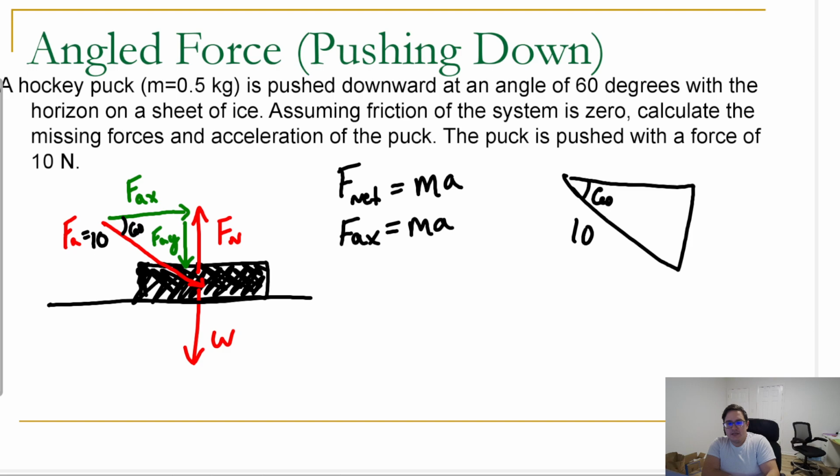I know this is 10. We're looking for force applied in the x direction. That's going to be cosine. So we've got cosine of 60 equals force applied in the x direction over 10. Force applied in the x direction equals 10 cosine 60.